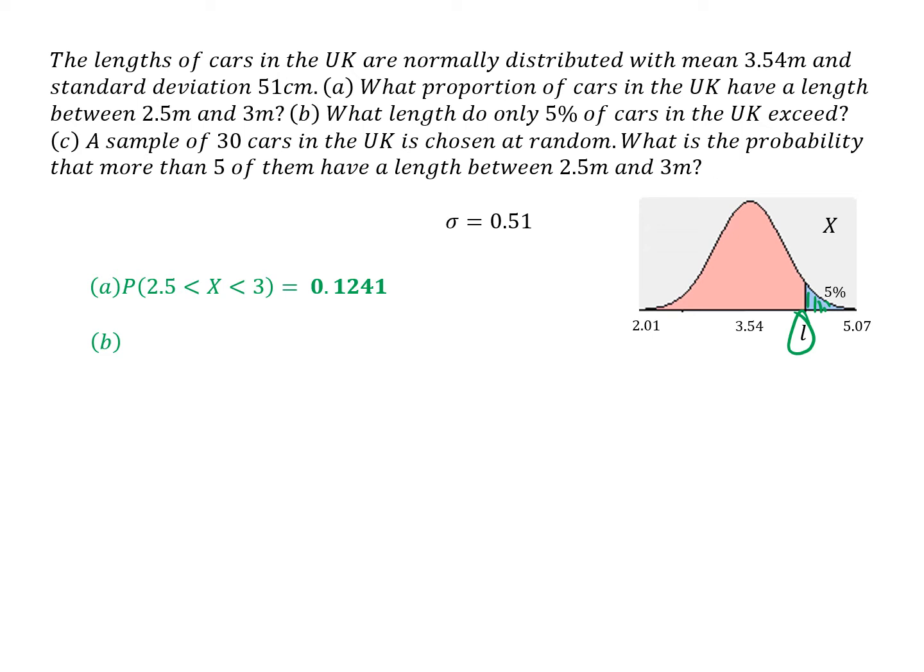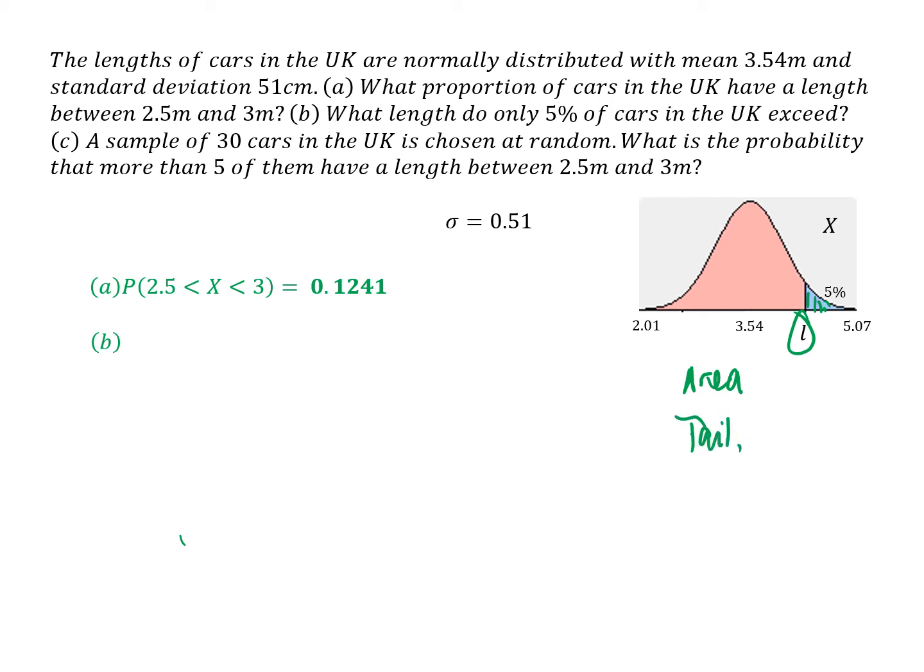And depending on what calculator you have, the calculator might just ask you to type in the area, but there are other types of calculators which ask you about the tail.